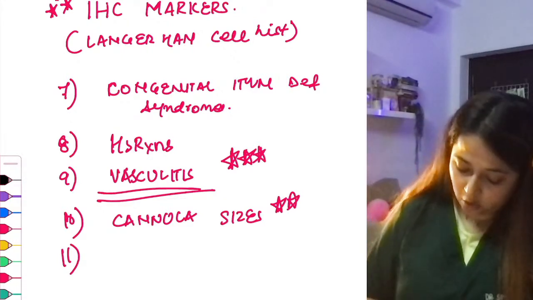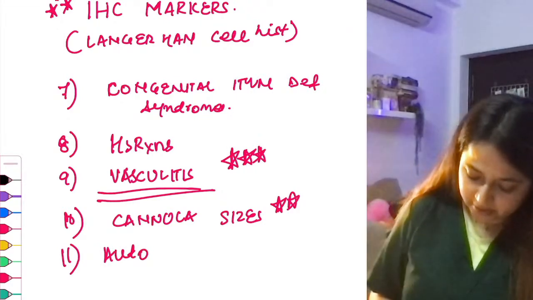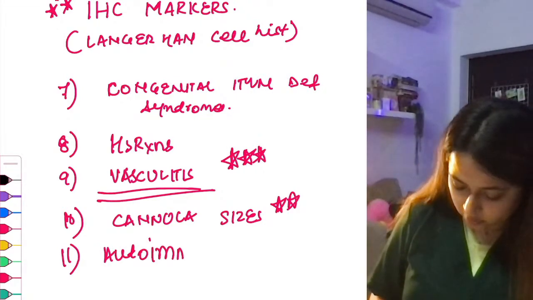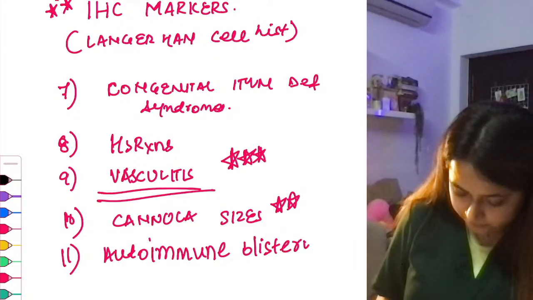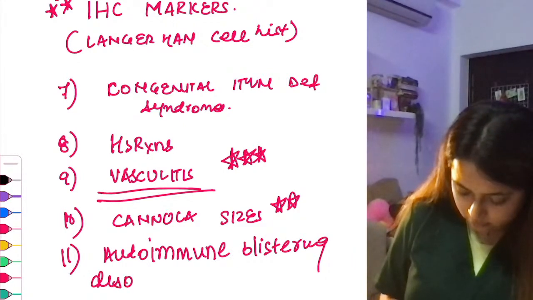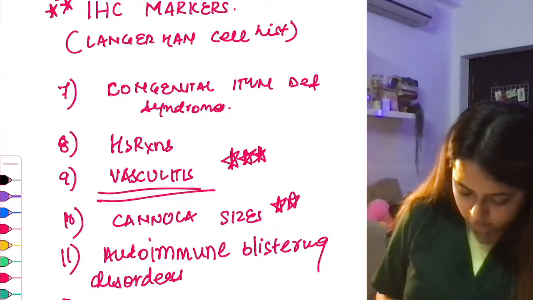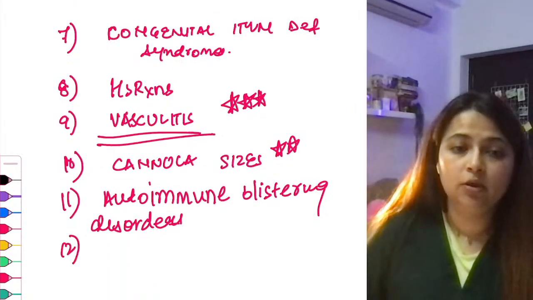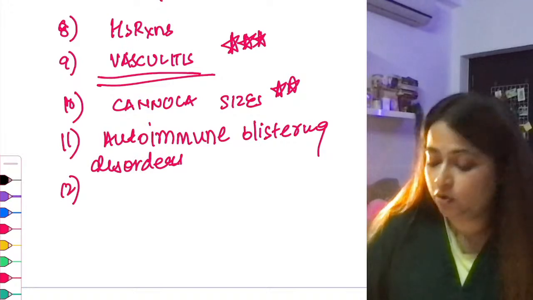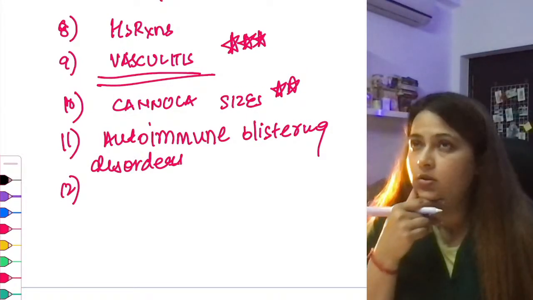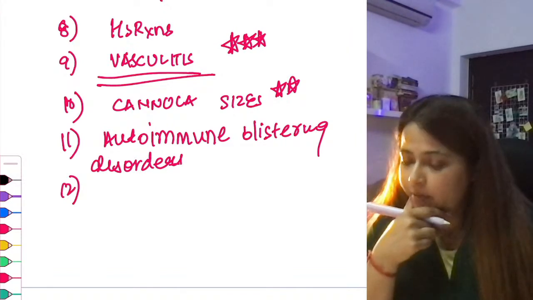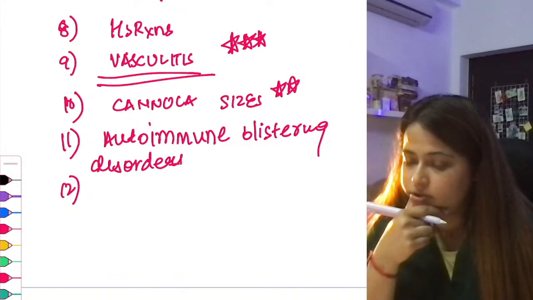Then autoimmune blistering disorders. Two of them I discussed today: pemphigus vulgaris and bullous pemphigoid. Then more high yield topics. One was biomedical waste management.